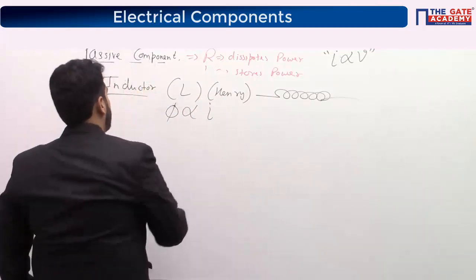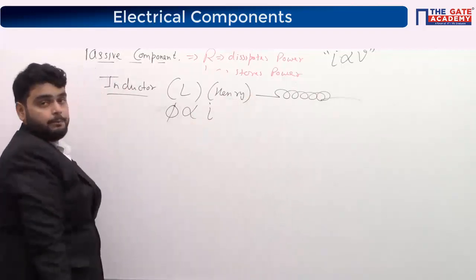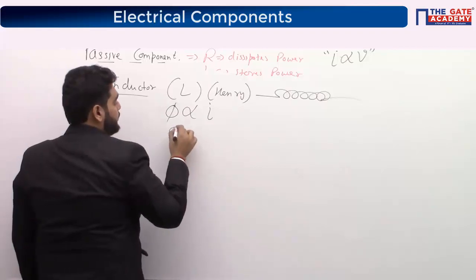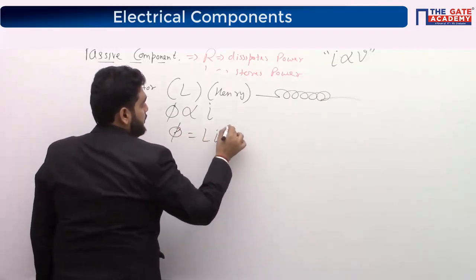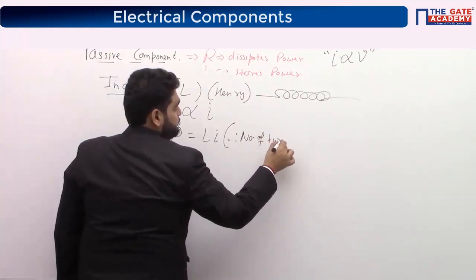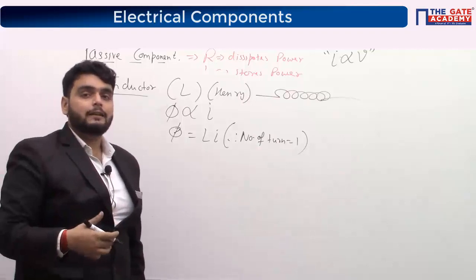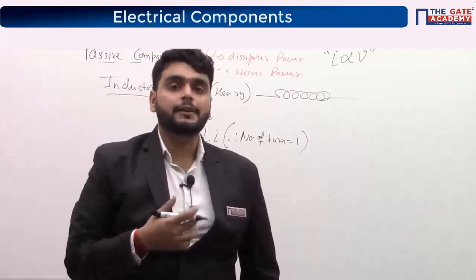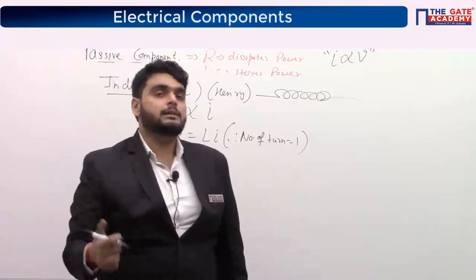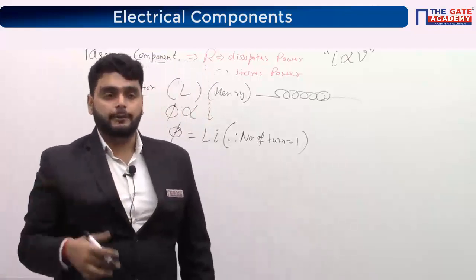In an inductor, flux is directly proportional to the current, and that proportionality constant is the inductance, assuming the number of turns is equal to 1. So this is the basic equation that defines linearity in the inductor: if the flux is directly proportional to the current, the inductor is linear, otherwise it is not linear.